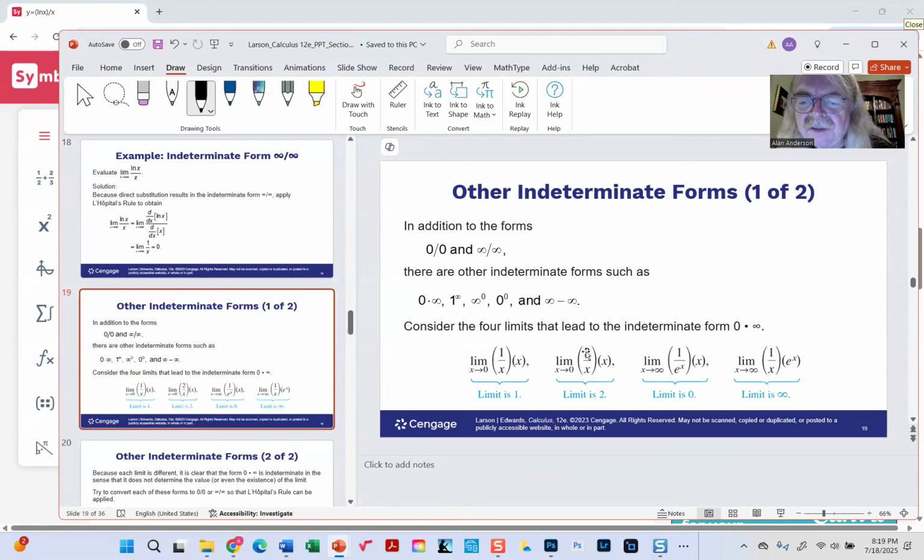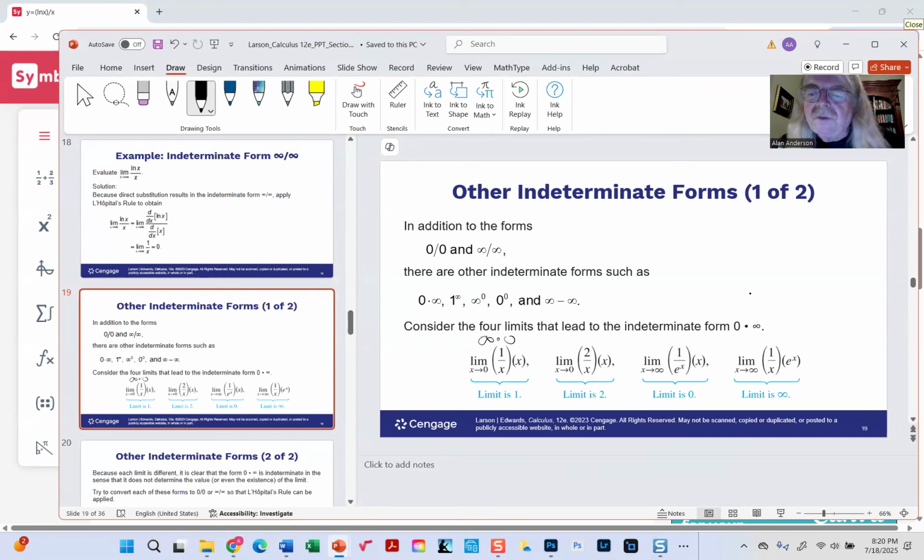So let's see, what are we doing here? Oh, the first one, oh, I see what they're doing. Okay. So that one is actually going to give us infinity times 0.